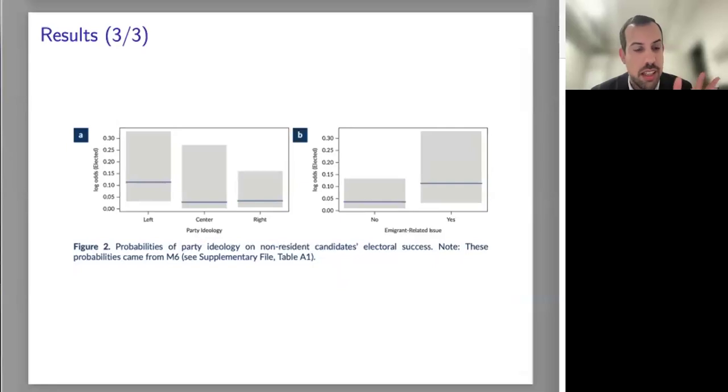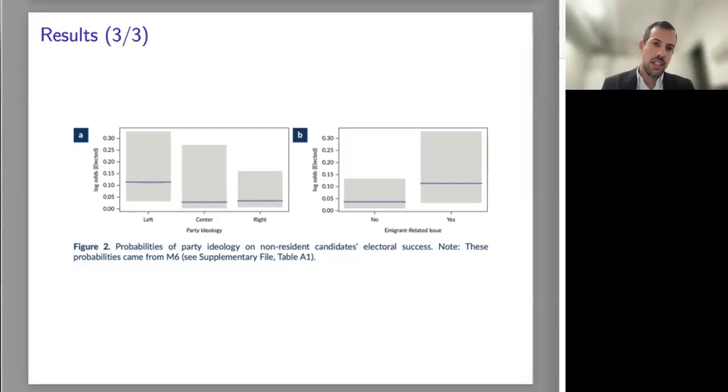Basically, as I said, all the hypotheses are supported except for ballot position, and this is probably interesting because it's not what the typical study of electoral politics, at least in Latin America, would suggest.